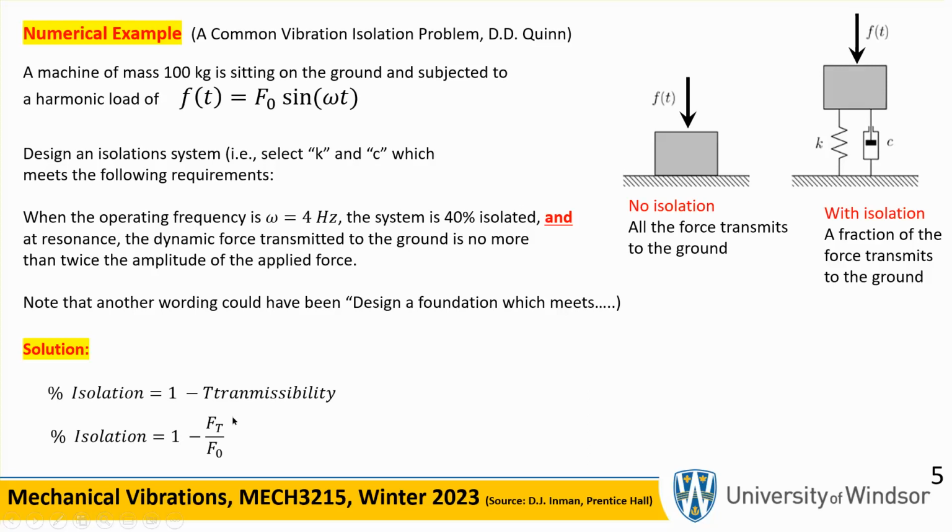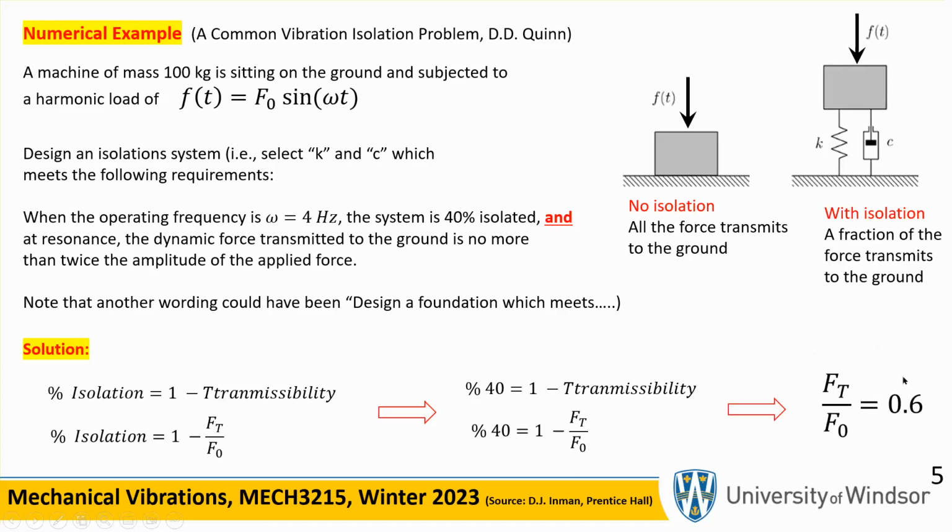First of all, we are told that as part of this requirement, percent isolation is 40%, or 0.4. Therefore, transmissibility is just 0.6. Just keep that in mind.